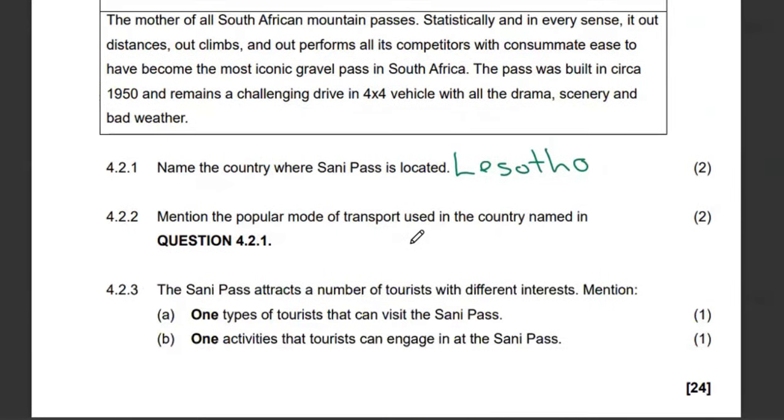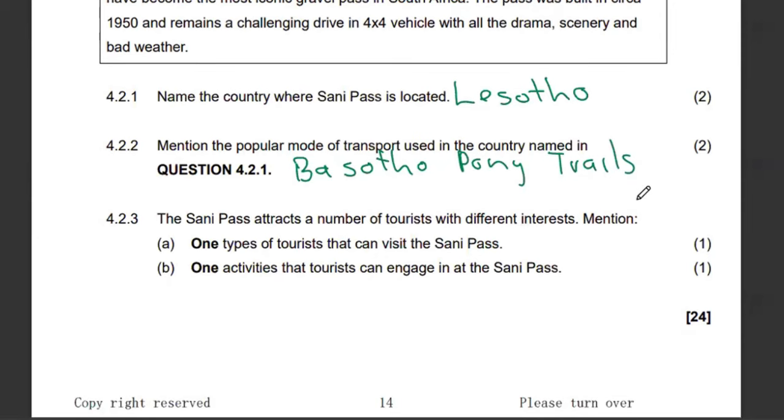Then 4.2.2, mention the popular mode of transport used in this country. So they use the Basotho pony trails. They use ponies. Then the Sani Pass attracts a number of tourists with different interests.